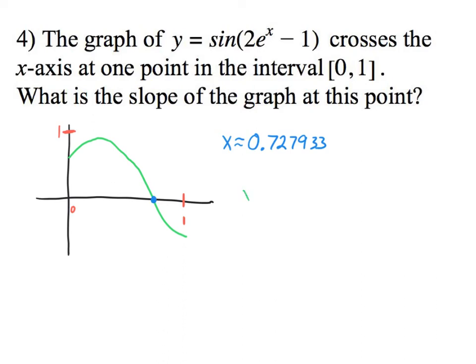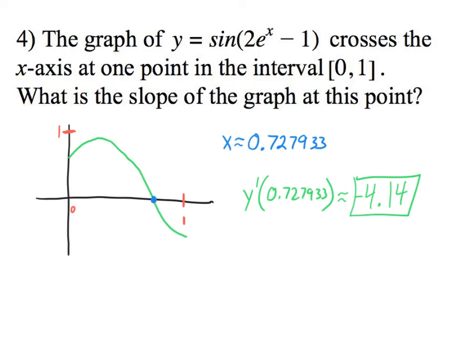You do y prime of 0.727933, and you'll get an answer that is about negative 4.14. And that would be the slope of this line right there.